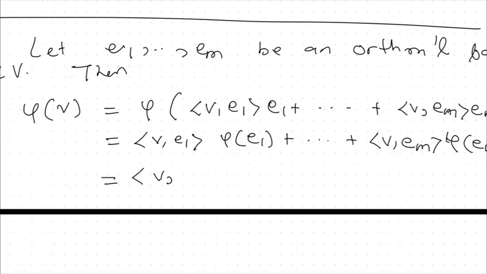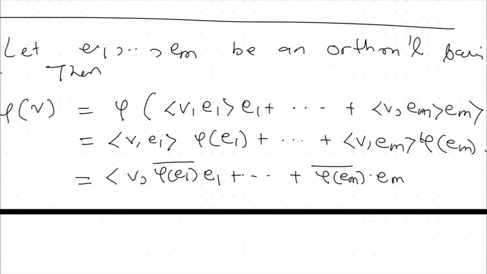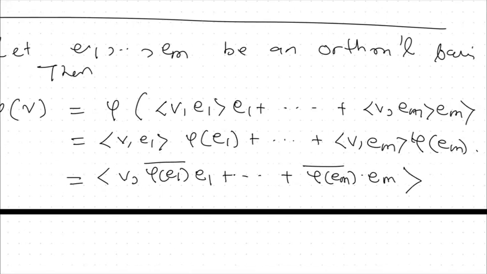So we get this one, then the conjugate of this is just the conjugate of the functional at e_1 times e_1 plus up to the conjugate of the functional at e_m times e_m. This is basically the homogeneity property, on 6.7.